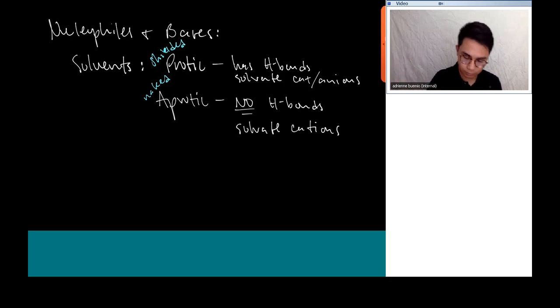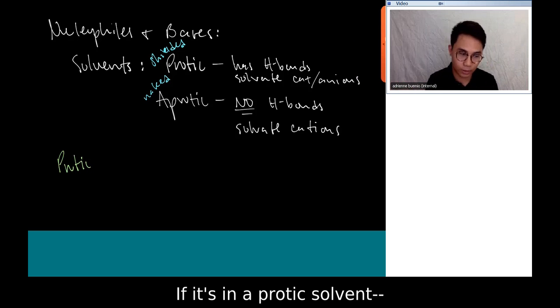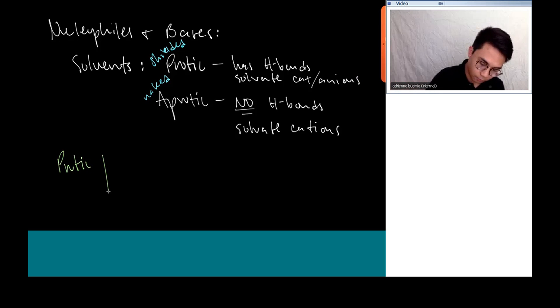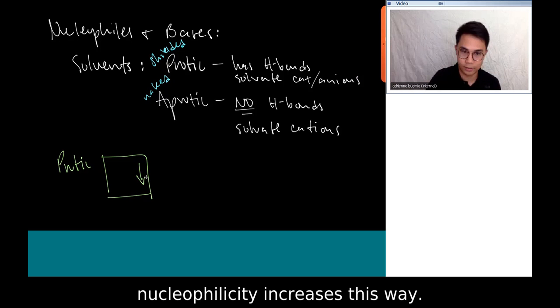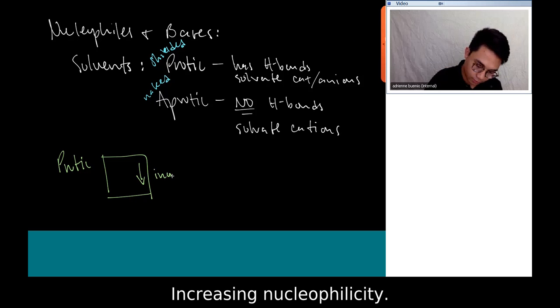So, and let me do it here. For protic, if it's in a protic solvent, this is the periodic table again. Nucleophilicity increases this way, increasing nucleophilicity.